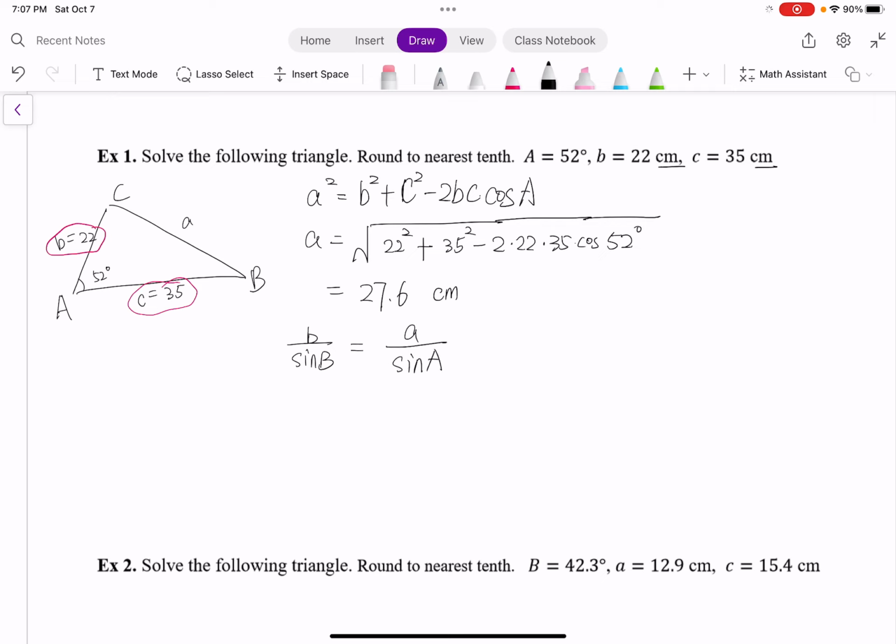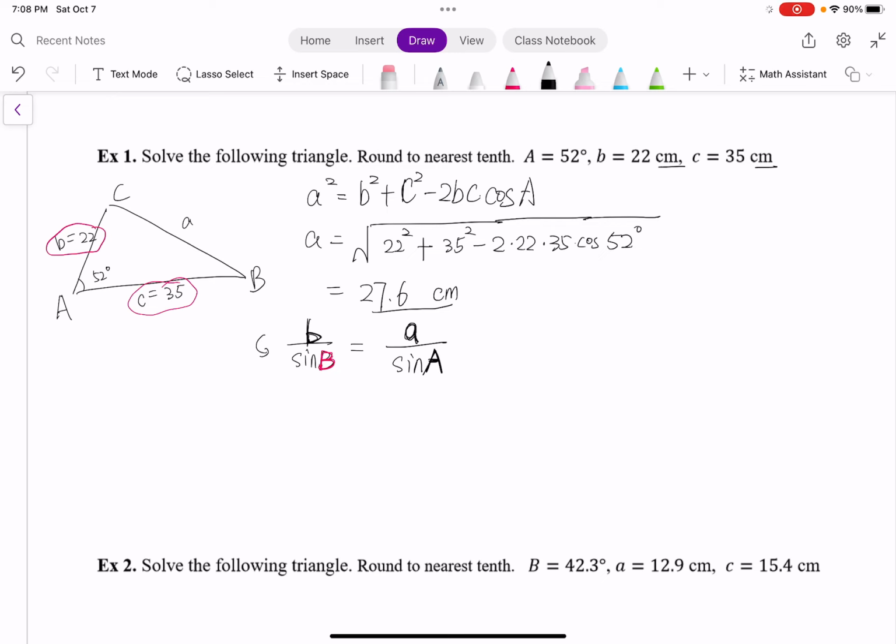Why am I listing the law of sine relationship between b and a? Let's use this color to write the given information. I found a from here, and I know the angle A is 52. I know the side b. And how about the angle B? Unknown. So only one unknown.